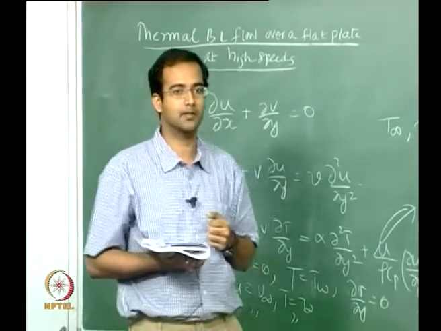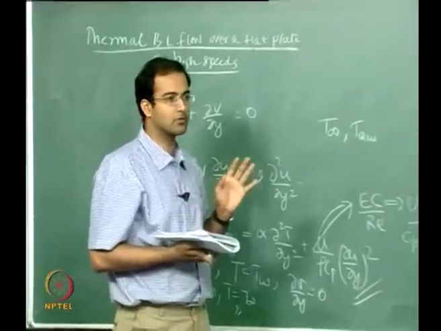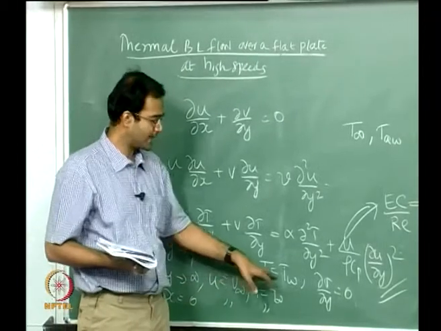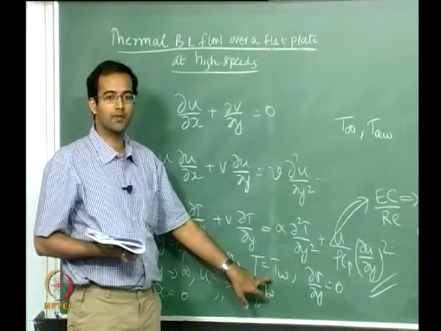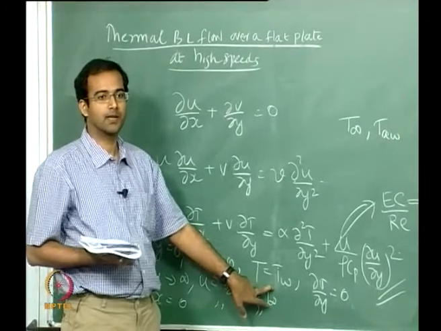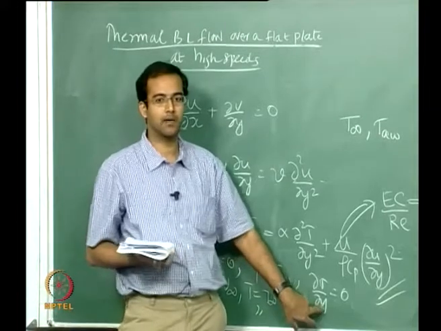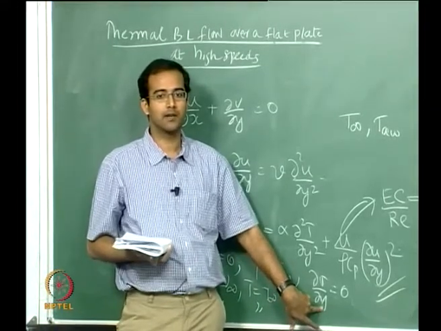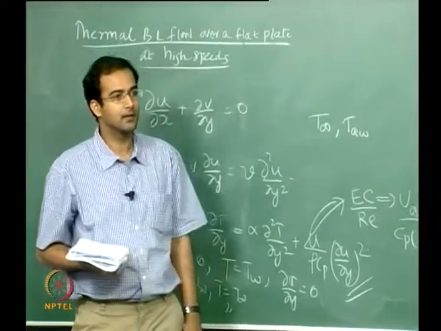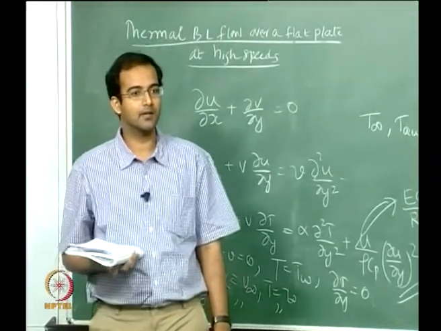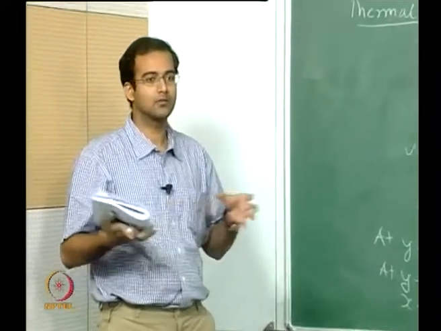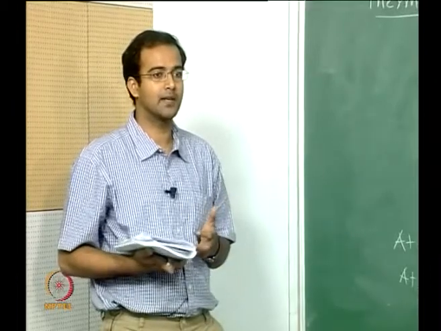Therefore we will split this problem into two sub-problems. One in which we have T equal to T wall, for which we have already derived the similarity equation, the Pohlhausen equation. The other problem is where you have only the adiabatic boundary condition. Finally, if you look at the energy equation, since this is quasi-linear and the boundary conditions are also linear, we can safely say that the solution can be split into two solutions and combined in some linear fashion.